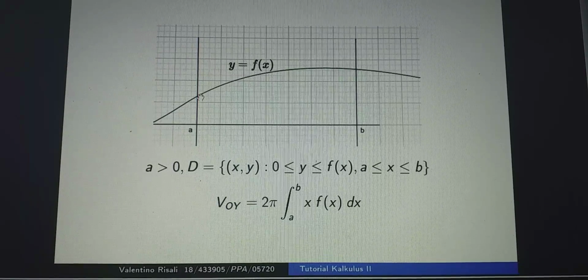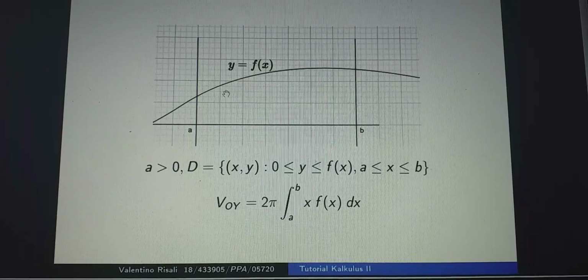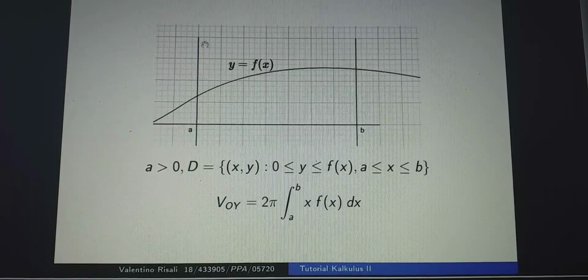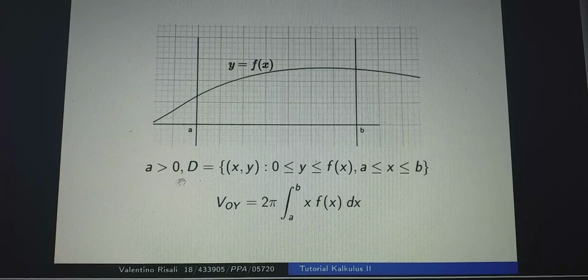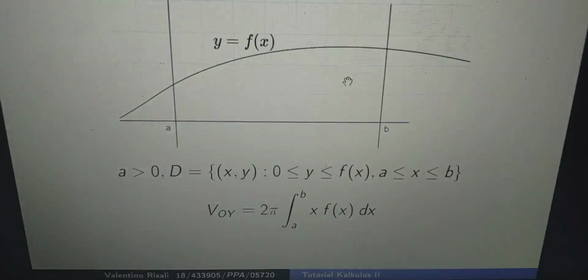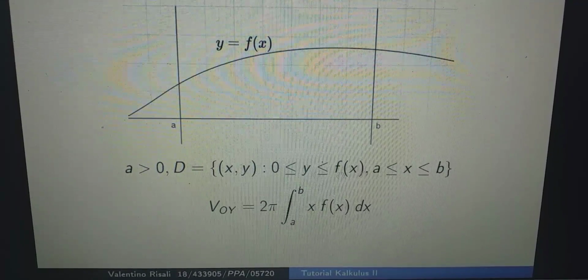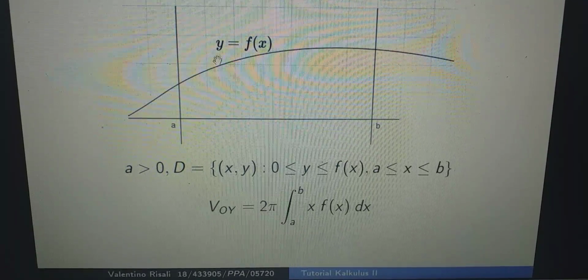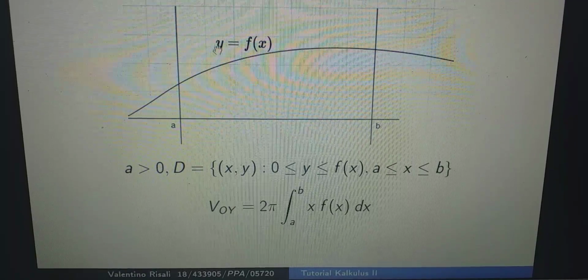Next we will introduce the second method. It is the cylindrical shell method. Again we have a curve y equals f(x), these two lines x equals a and x equals b, and we assume that a is positive, so we have this region D, and we will revolve it about the y-axis.